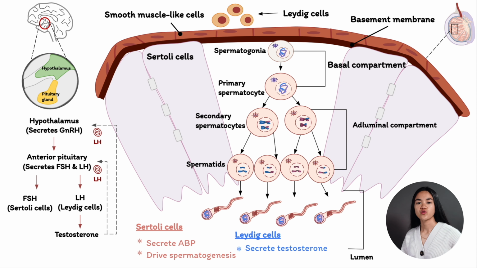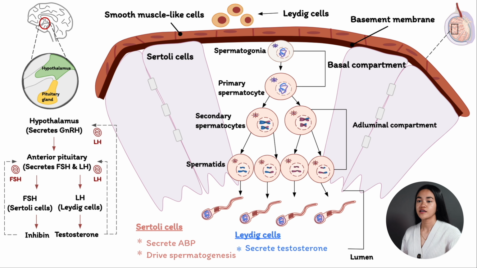Now, how do we control FSH? So that is how LH secretions are altered. What about FSH? Well, when sperm production is elevated, Sertoli cells are going to secrete a protein hormone called inhibin. And inhibin is going to exert a negative feedback directly on the anterior pituitary and decrease FSH release and FSH only.